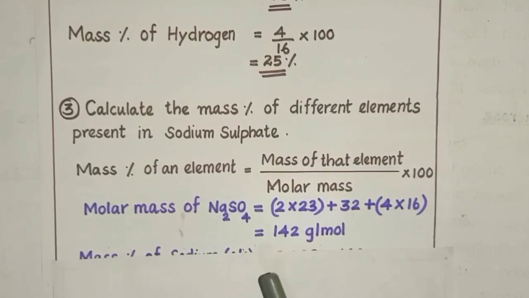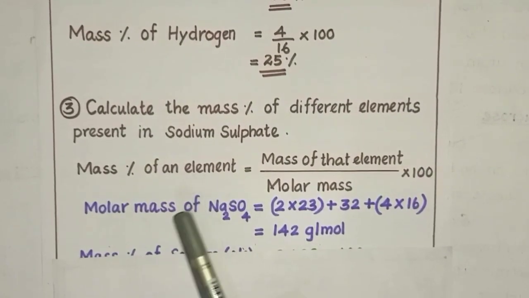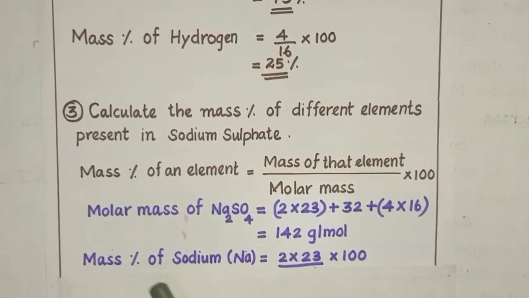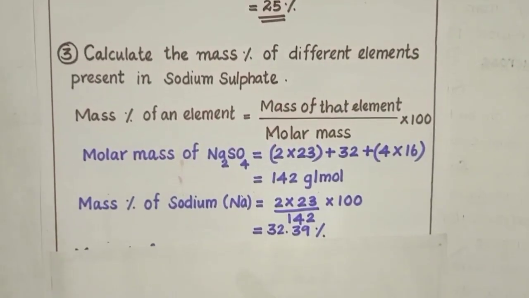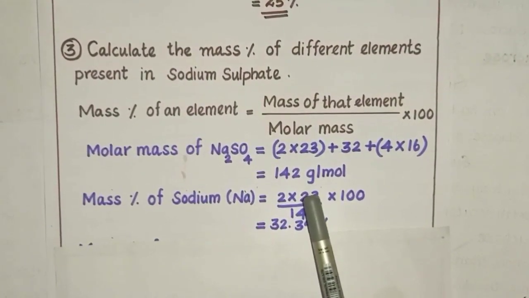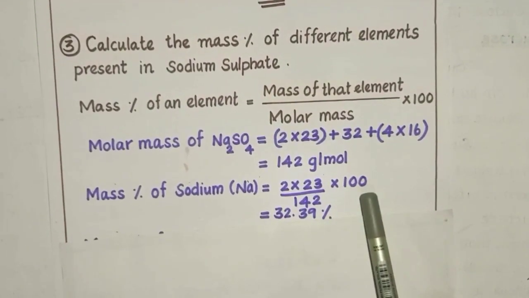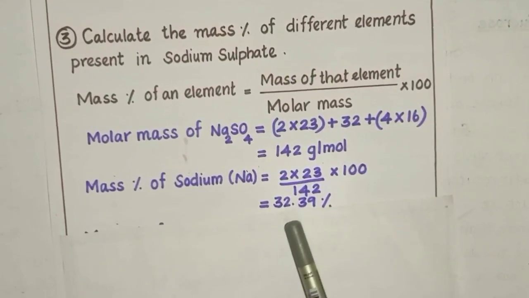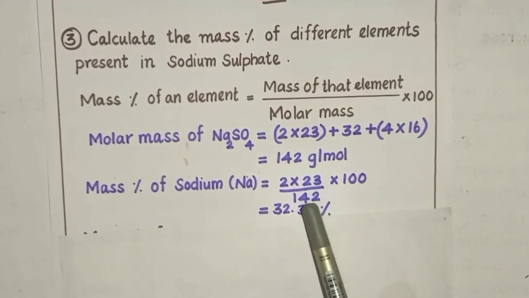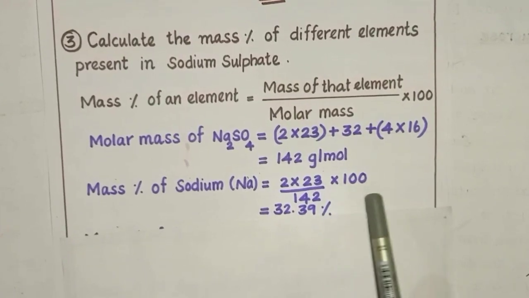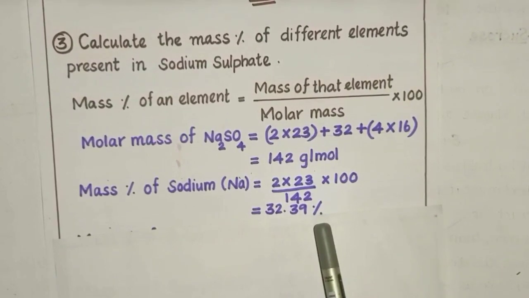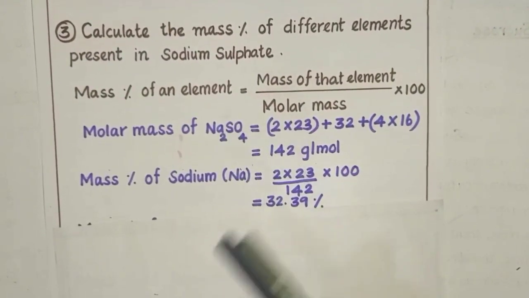Then next we should calculate the mass percentage of the elements one by one. First one, mass percentage of sodium, which is equal to mass of sodium divided by molar mass into 100. Mass of sodium is 2 into 23. So 2 into 23 divided by 142 into 100 is equal to 32.39 percentage. Next element is sulfur.